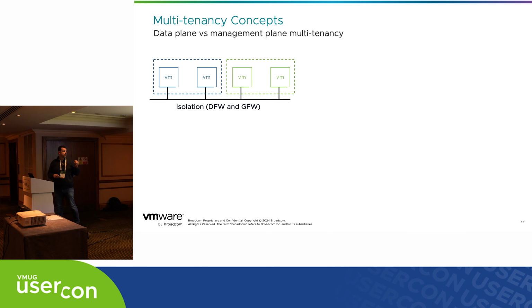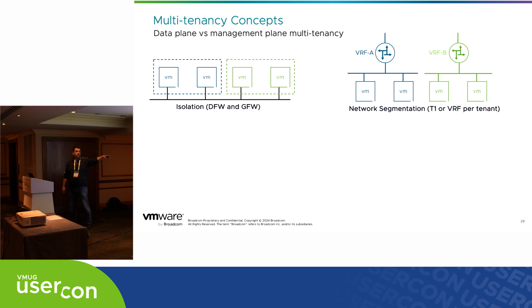So if we take a step back and look at some of the concepts. When we talk about multi-tenancy before VPCs and projects, what we'd have to do to help customers with some sort of multi-tenancy would be to provide isolation using either a gateway firewall or a distributed firewall.